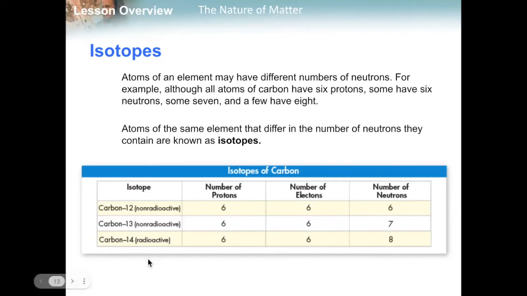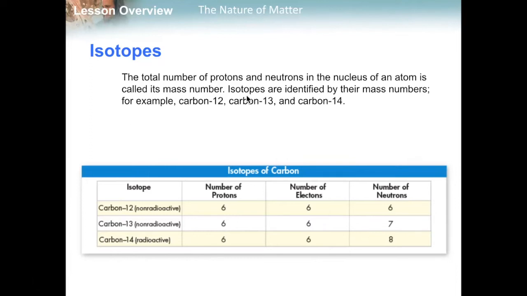It will fall apart. The total number of protons and neutrons in the nucleus of the atom is called the mass number. Isotopes are identified by their mass numbers. For example, carbon 12, carbon 13, and carbon 14. So it's 6 plus 6 is 12, and 6 plus 7 is 13. 6 plus 8 is 14.